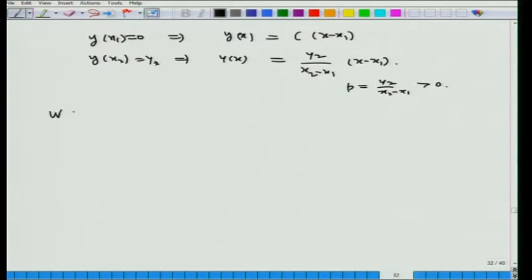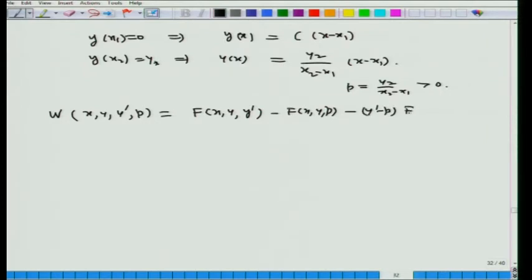Now, we look at the sign of the Weierstrass function W(x, y, y prime, p), which is defined as f of x, y, y prime minus f of x, y, p minus y prime minus p times f_p of x, y, p.